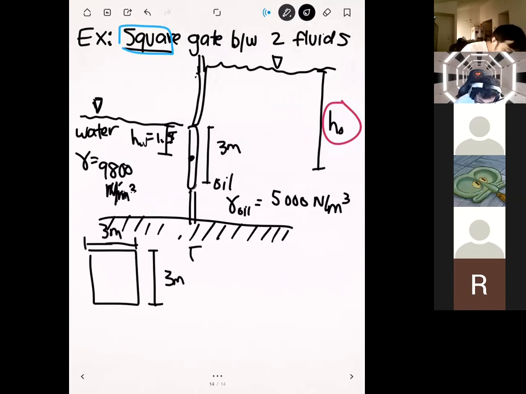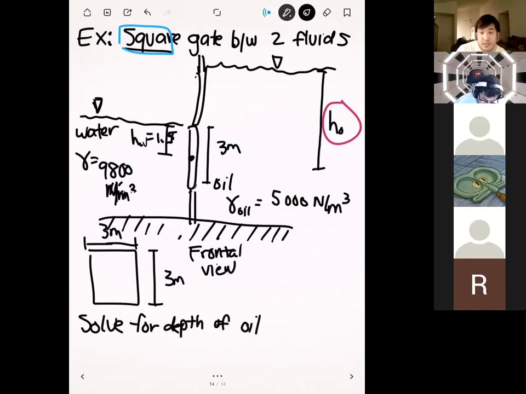This is the frontal view of the gate. What we want to solve for is HO, the depth of the oil, that will hold this gate in equilibrium.